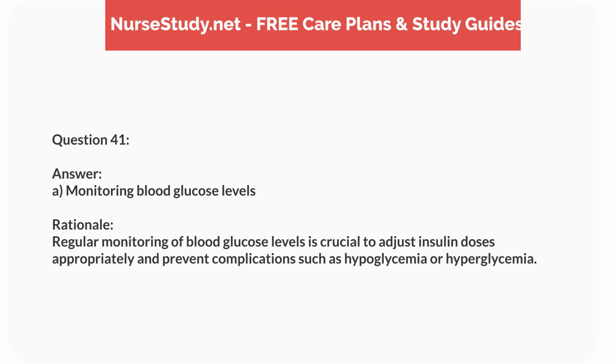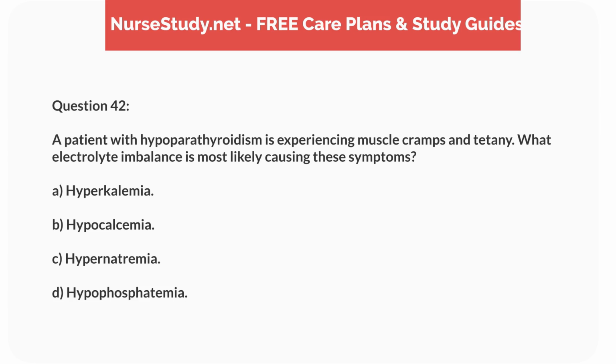or hyperglycemia. Question 42. A patient with hypoparathyroidism is experiencing muscle cramps and tetany. What electrolyte imbalance is most likely causing these symptoms? A. Hyperkalemia. B. Hypocalcemia. C. Hypernatremia.